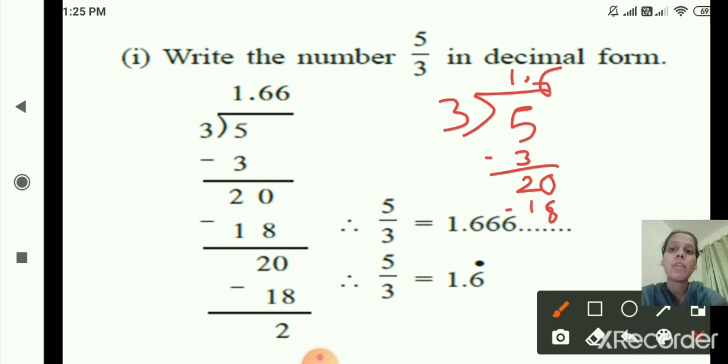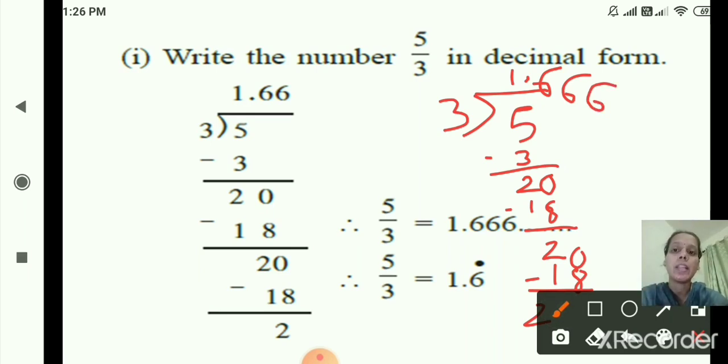Now 20 minus 18 is 2. Again we add 0 and divide, 3 6s are 18. Again we get 2, add 0, again 3 6s are 18. So this 6 you will get continuously.